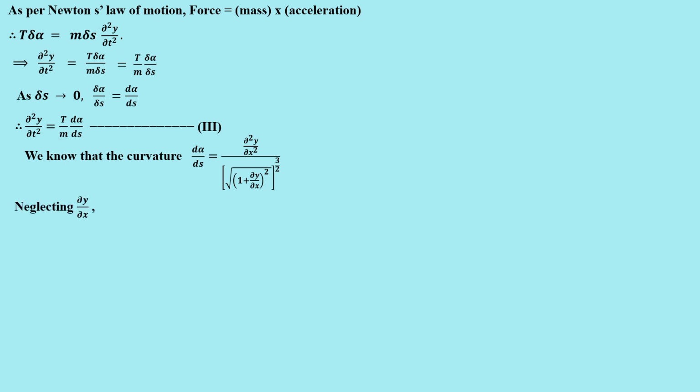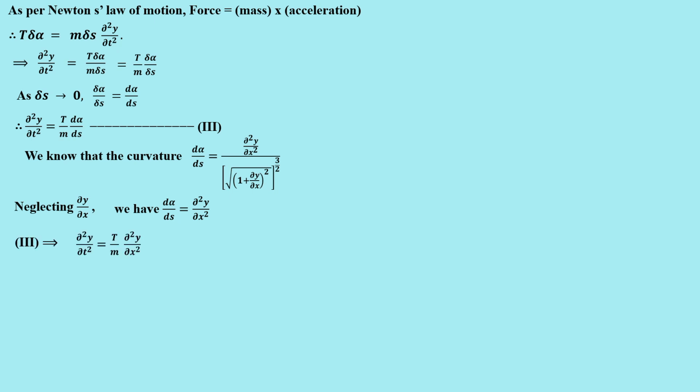Neglecting dou y by dou x, which is very small with almost no change in that direction, so that is almost 0, we have d alpha by ds equal to dou square y by dou x square.